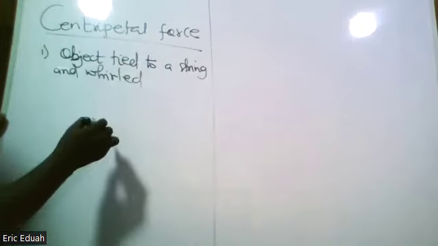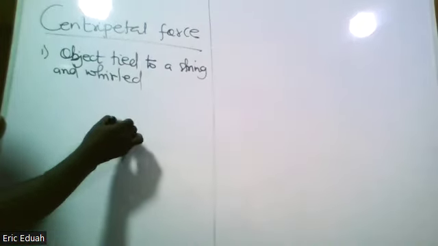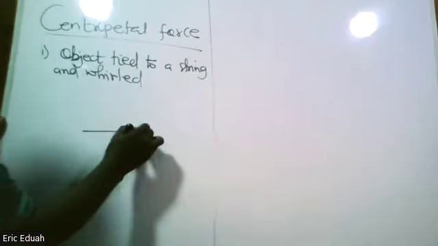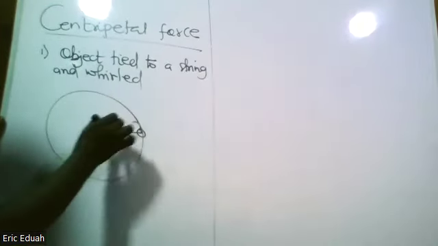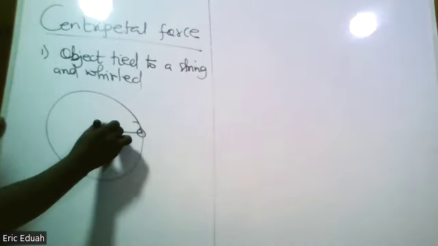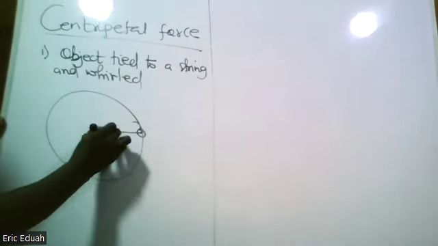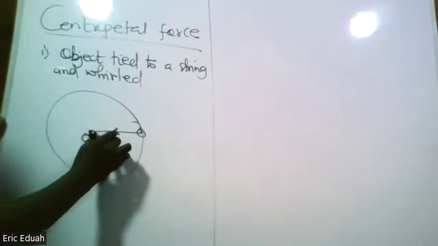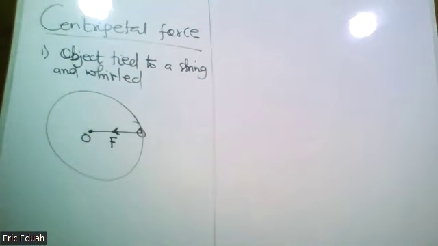Once the stone or the object stays within a circular path, then it means that there's a certain force which is pulling the object towards the center.